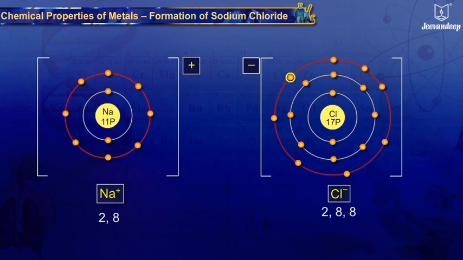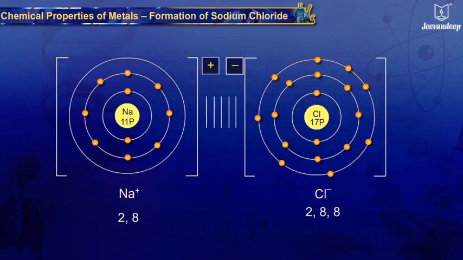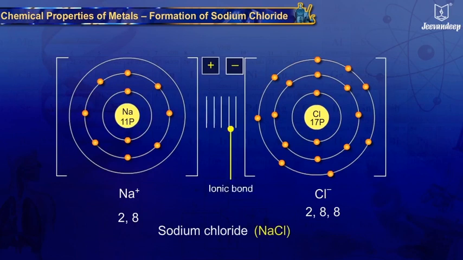Sodium and chloride ions, being oppositely charged, are bonded by strong electrostatic forces of attraction, resulting in the formation of sodium chloride NaCl through ionic bond.